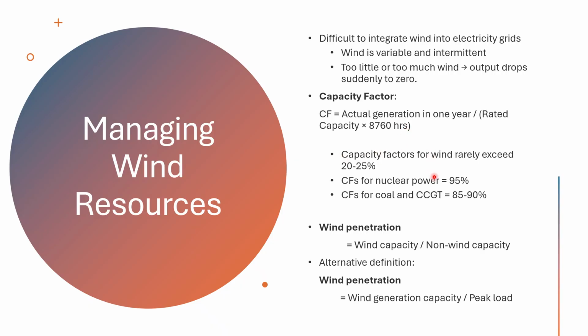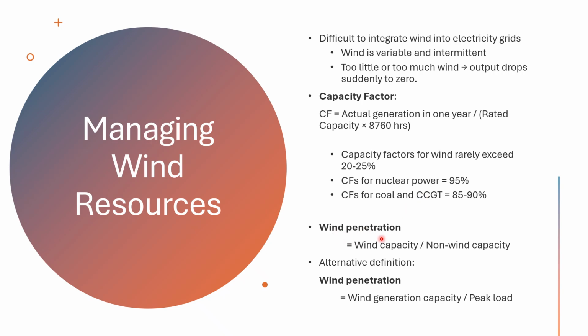Capacity factors for wind rarely exceed 20 to 25%, whereas capacity factors for nuclear power are around 90 to 95%, and for coal and combined cycle gas turbines, they're around 85 to 90%.